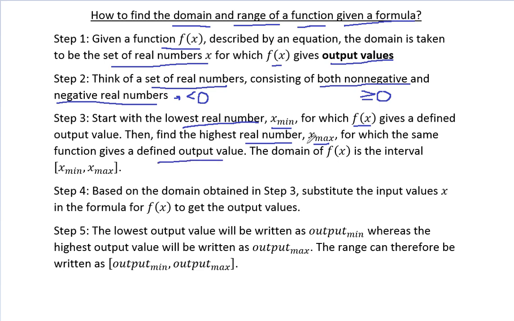If it's less than this but more than x min, there will be an output value. If it's more than this, there's no output value, which means x min has to be less than or equal to any input value, which is less than or equal to x max.